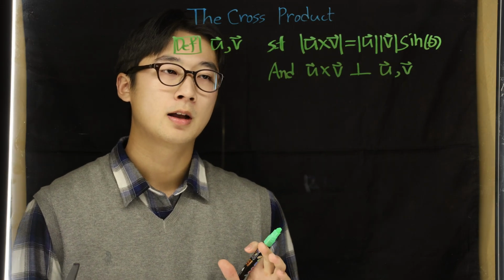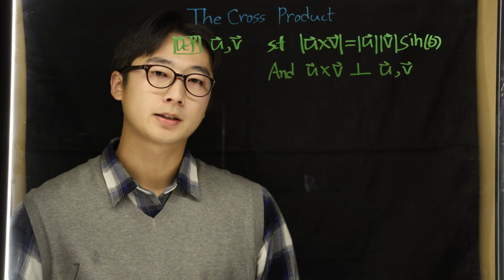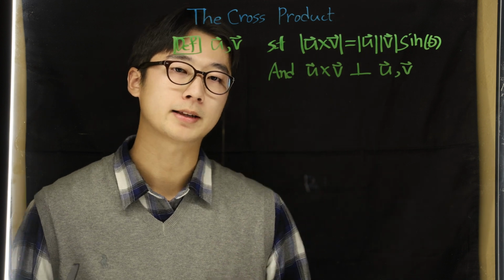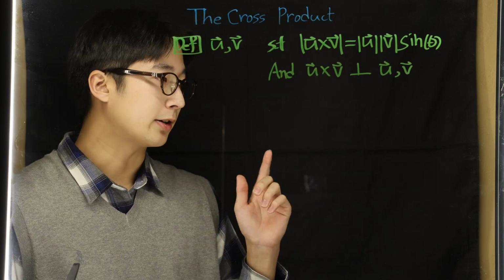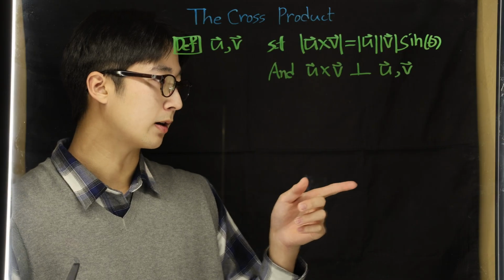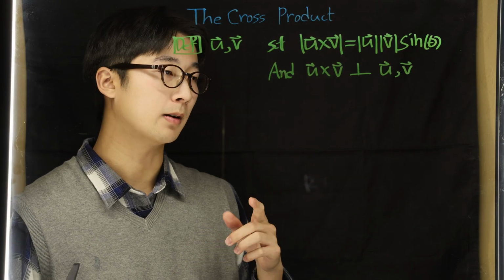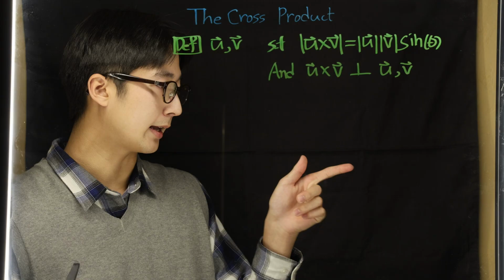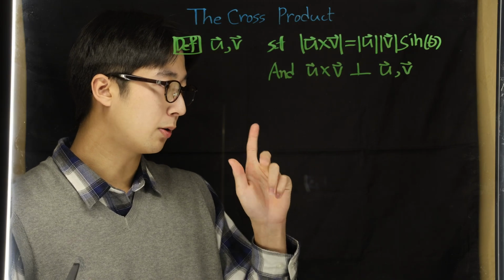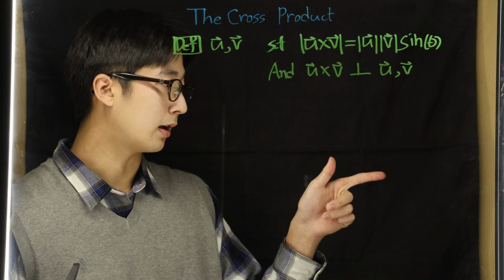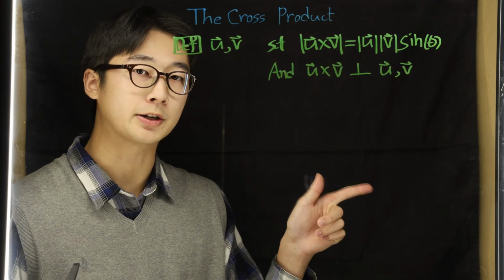Let me show you. For example, there's a vector u and v. Let's say vector u points toward the right side from my perspective. My pointer finger goes in the same direction as the vector u.